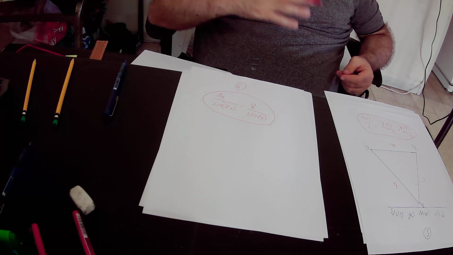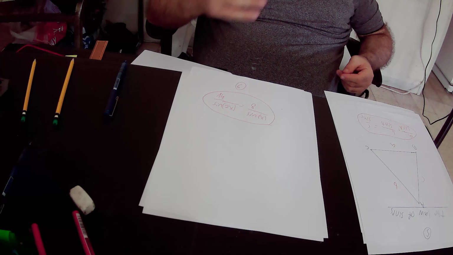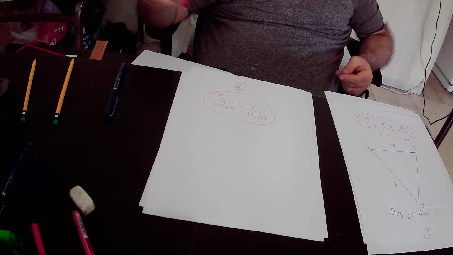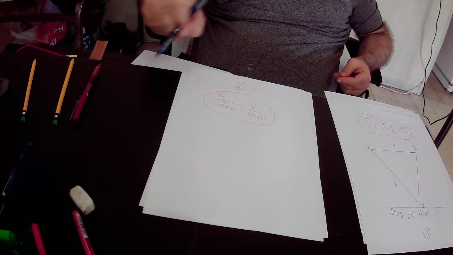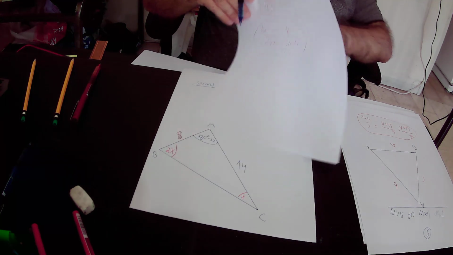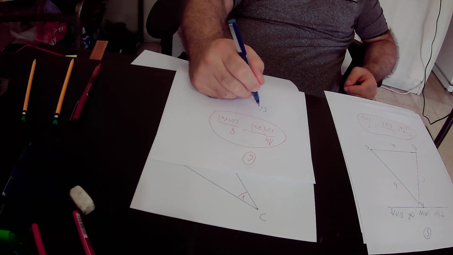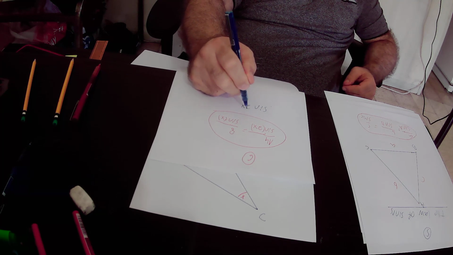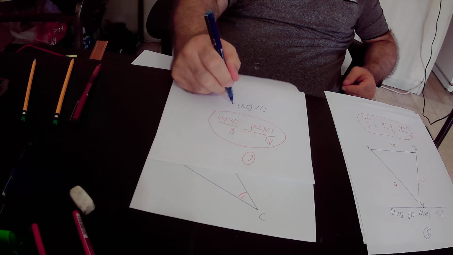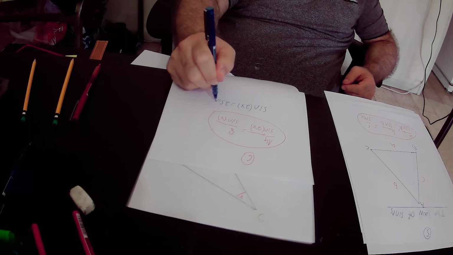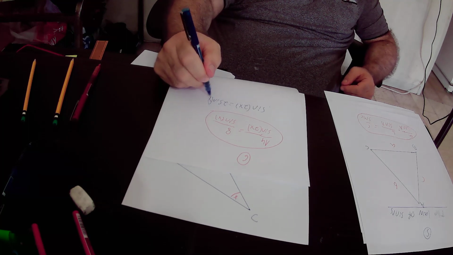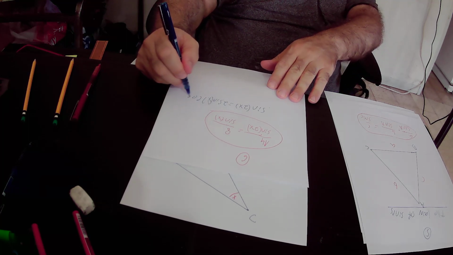We have a trigonometric identity that states that the value of sine 2x equals 2 sine x times cosine x.